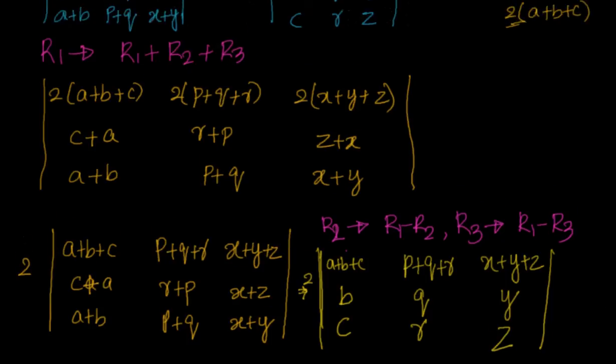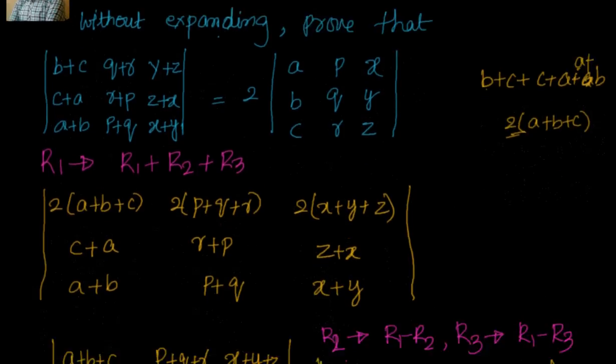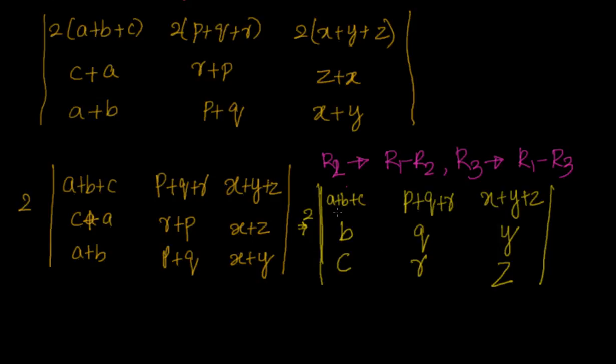Now everything seems to be fine other than the first one should be a, but I have a plus b plus c. But you can see b and c are there already with you, so you can directly subtract them. The next step will be R1 is assigned R1 minus of R2 plus R3. Can you see that?